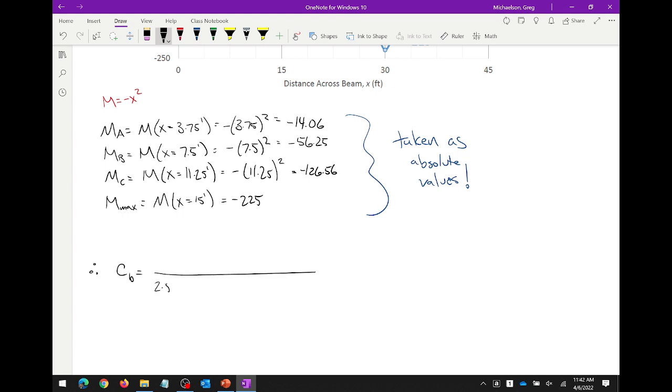We have 12.5 M max over 2.5 M max plus 3 MA plus 4 MB plus 3 MC. So it's just a big old fraction.